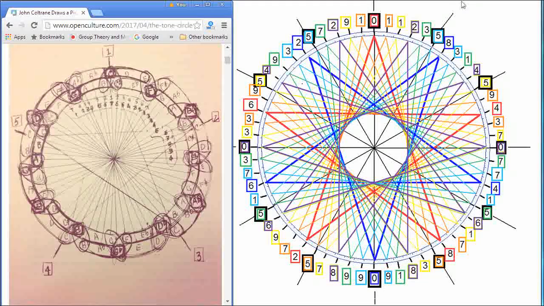And this ties together astrology with music, which is the whole idea of the music of the spheres, a Pythagorean idea that Kepler is one of the great thinkers in this tradition, and Coltrane was thinking in this tradition as a musician. I'm thinking in this tradition as an astrologer.